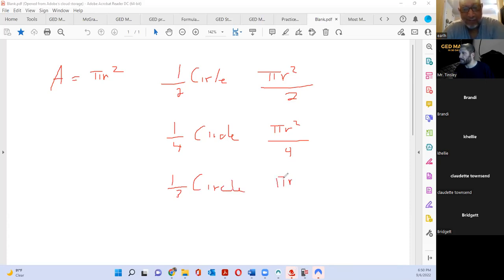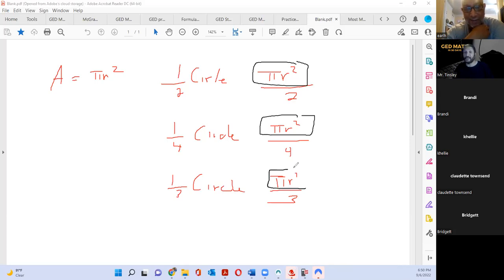There we go. But it all starts with that formula from your formula sheet. Pi r squared. That's on your formula sheet. Everybody understand that? So that's the full circle. The area of a full circle is pi r squared.